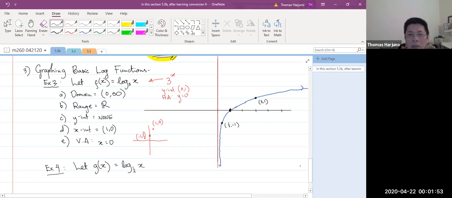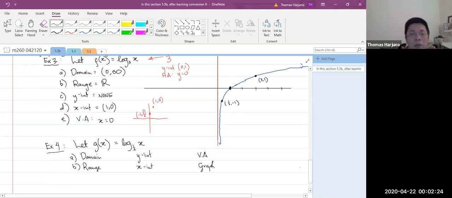Now I need you to answer these 5 questions together with the sketch of the graph: the domain, the range, y-intercept, the x-intercept, and the vertical asymptote, and then the sketch of the graph. Okay, now let me give you 8 minutes from now. Done.